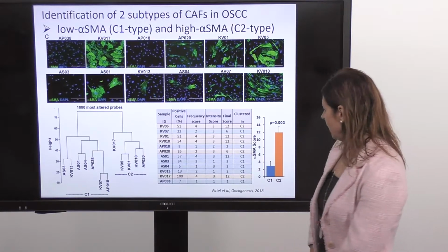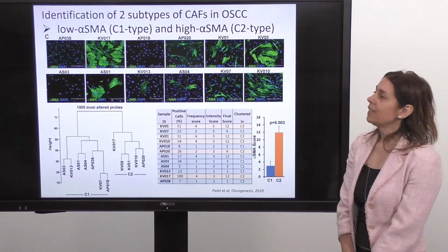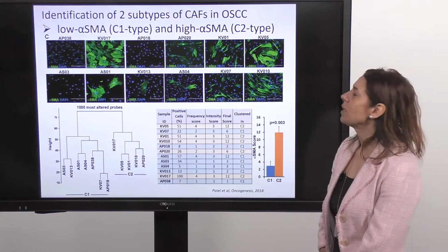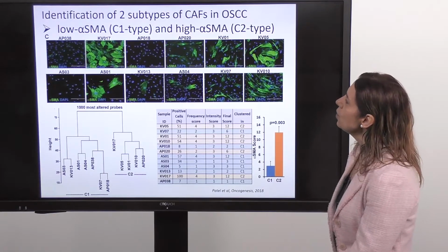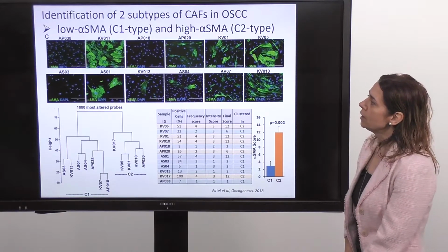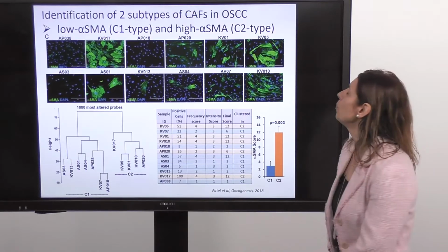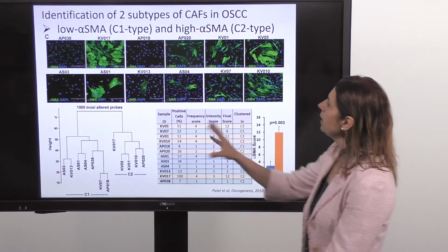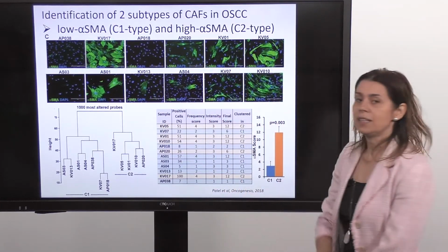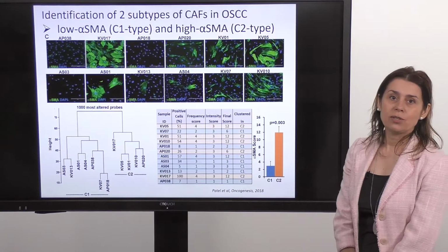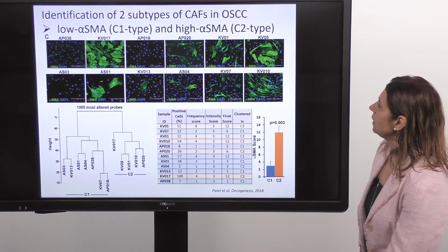This is a study from Patel et al. 2018. They isolated fibroblasts from oral squamous cell carcinoma and looked at the expression of alpha-smooth muscle actin, in other words, the percentage of myofibroblasts in this population. This is an experimental model. However, they could see that the fibroblasts they isolated, similar to what we have seen, are quite heterogeneous in terms of expression of alpha-smooth muscle actin.